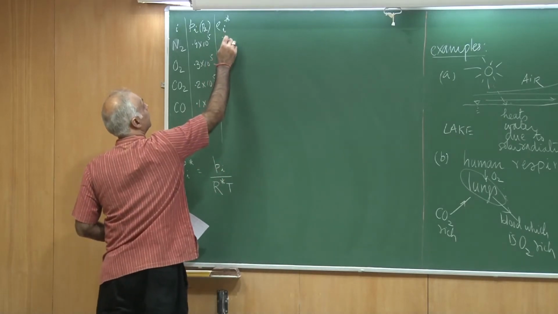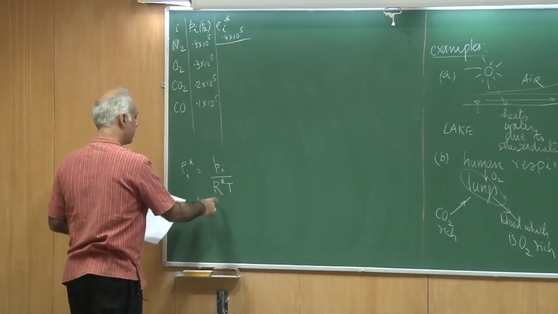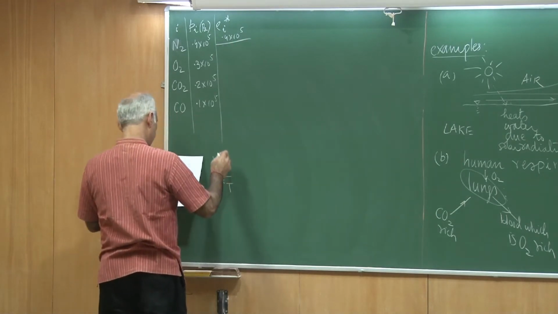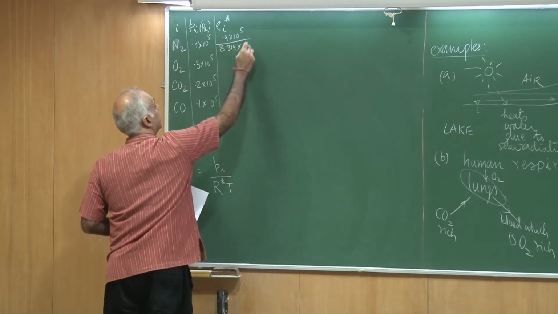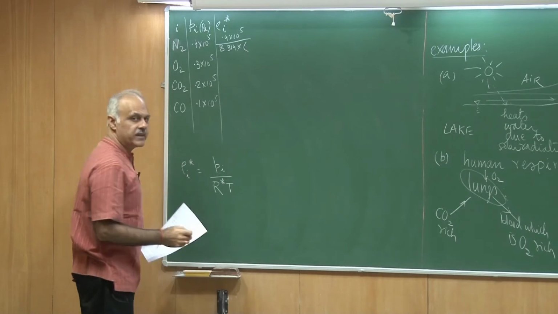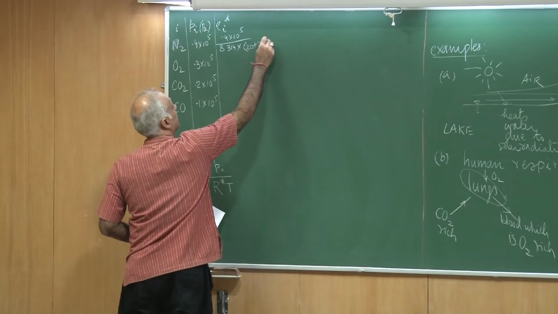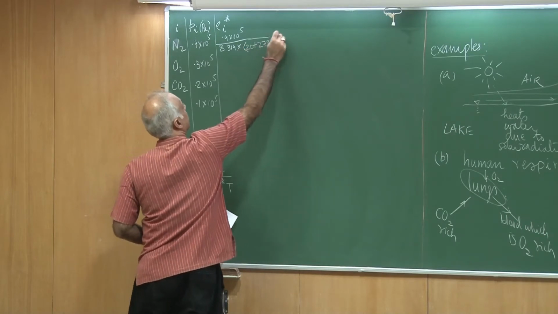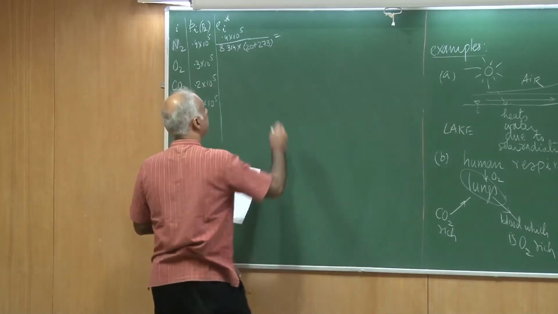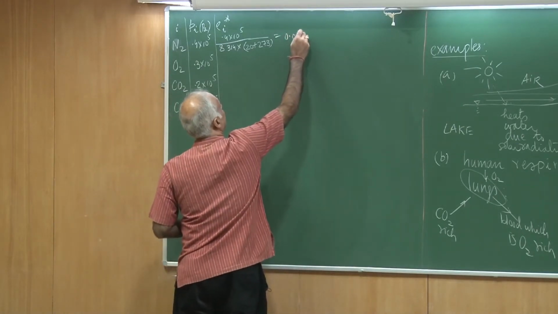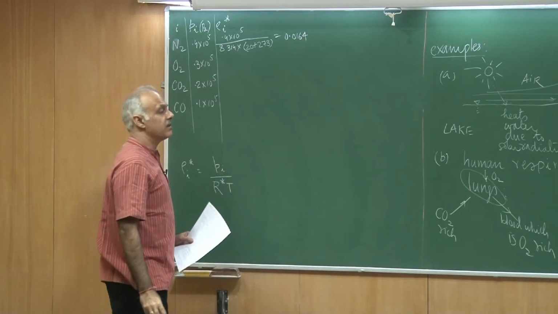So this would be 0.4 into 10 to the 5th, divided by R star, which is 8.314 SI units, and the temperature is given as 20 degrees centigrade. So I will write that as 20 plus 273 to convert it into Kelvin, and this will turn out to be 0.0164, and the units are kilomole per meter cube.